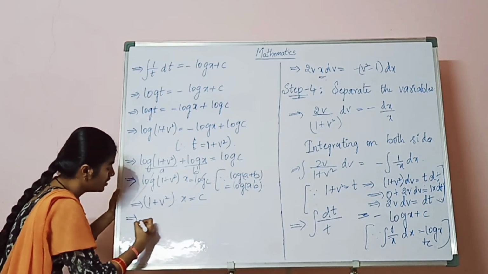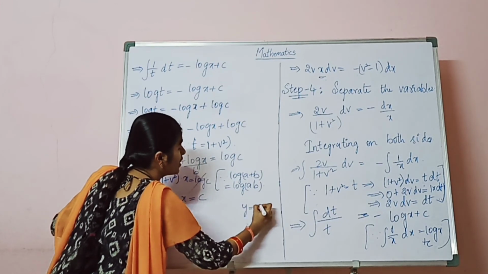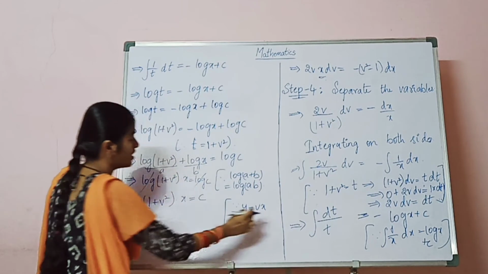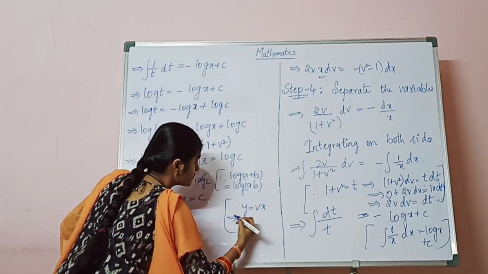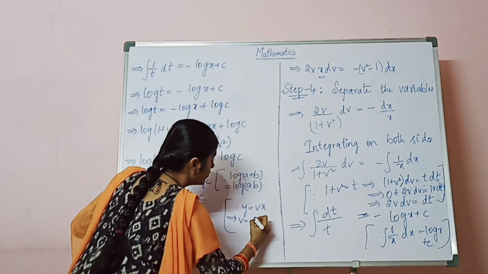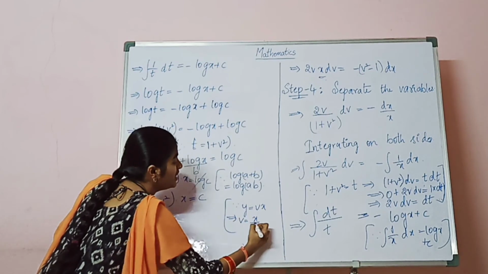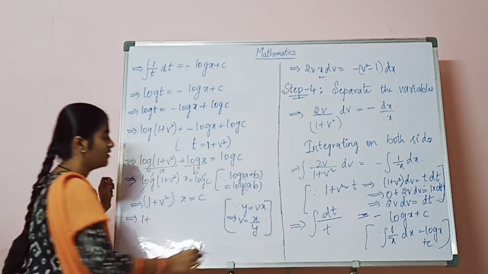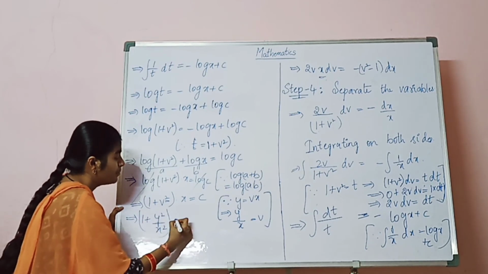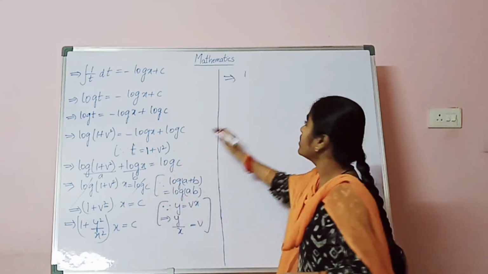That implies 1 plus, what is v here? y equals to vx. Since y equals to vx, that implies v equals to y by x. So 1 plus y square by x square into x equals to c. And that's what we have to take here.